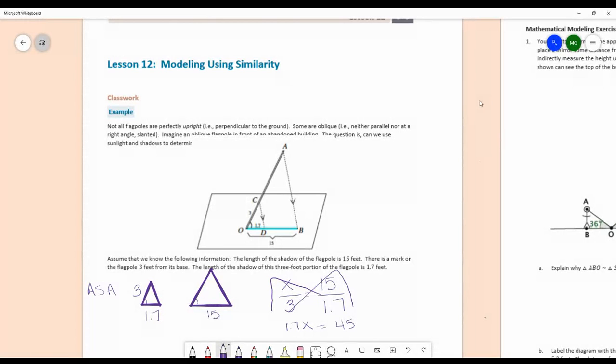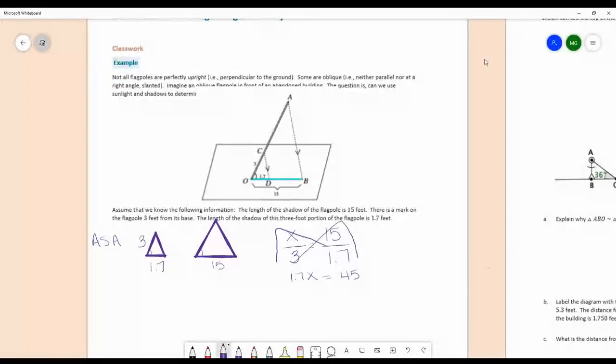Yeah, we're going to have to divide by 1.7 on both sides, which cancels on the left. And 45 divided by 1.7 is 26.47 feet. So that shows us the height of our flagpole.